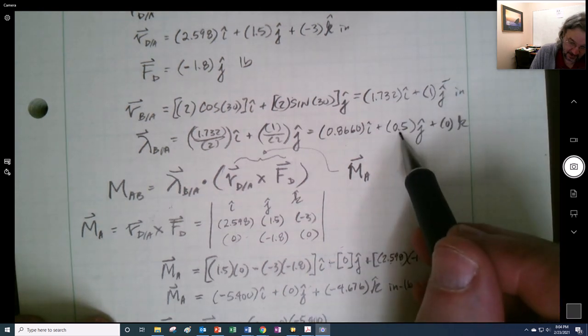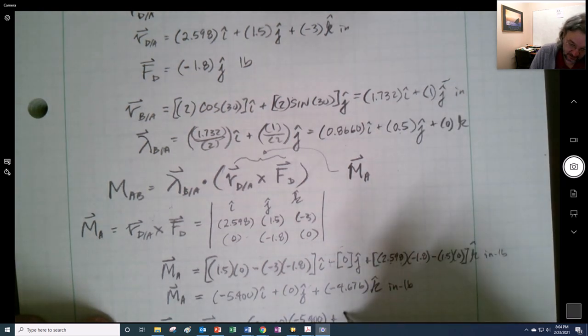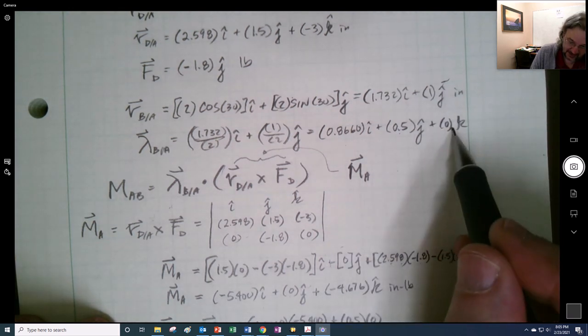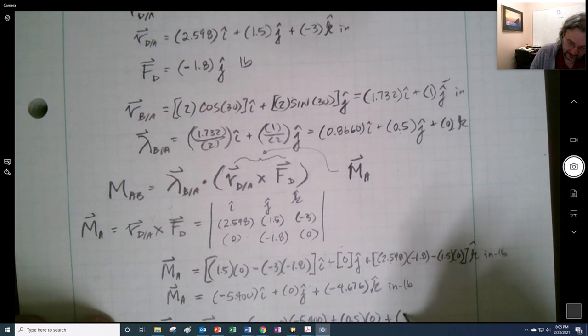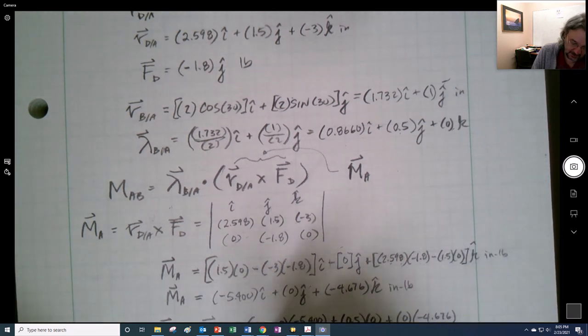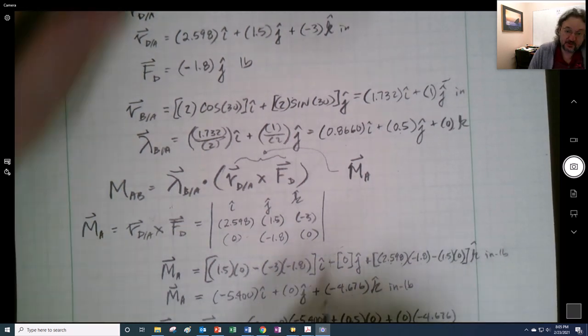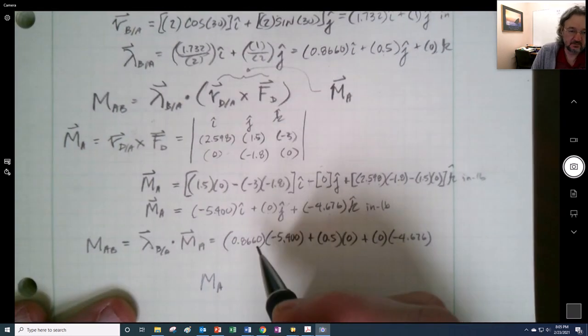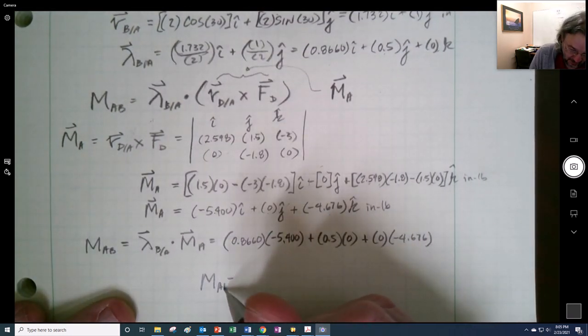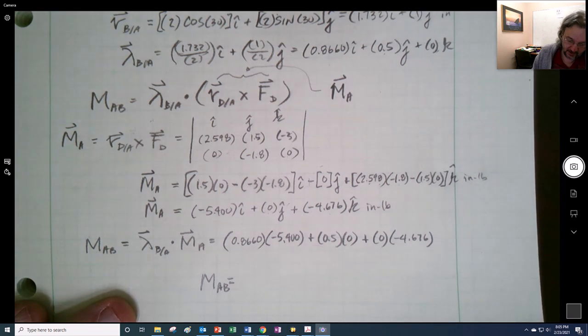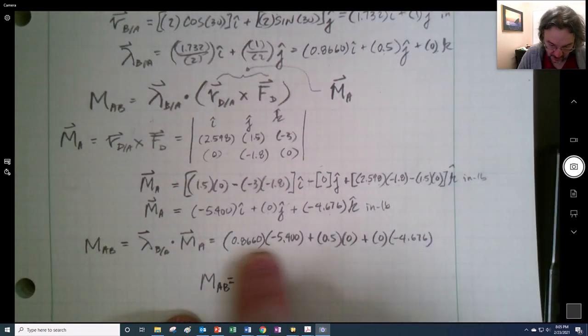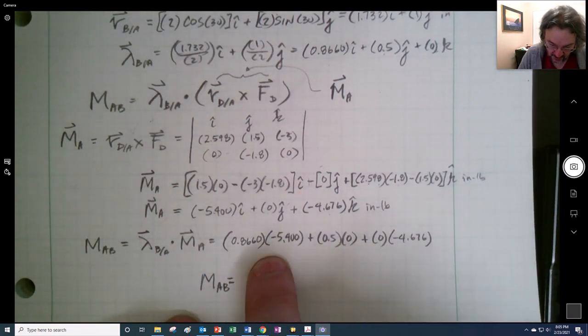Then it's going to be this in the y direction times this in the y direction, 0, and then take this in the z direction, and then this in the z direction. Right? So what we end up with, right there, MAB is going to be equal to just this right here, because that's 0 and that's 0.